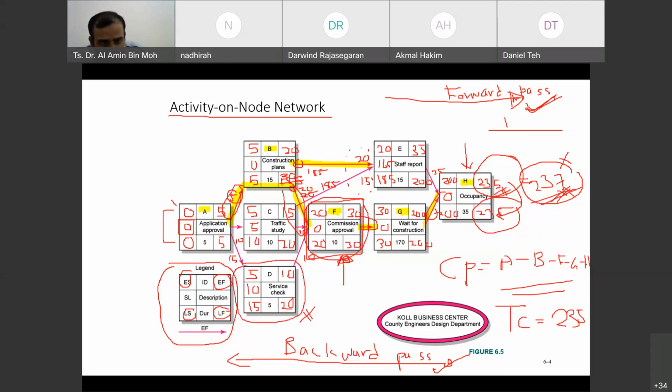D is not a critical activity, with 10 days of slack. So by delaying 5 days or 4 days or 9 days or even 10 days, it's not going to delay the whole process. What if activity D is delayed by 12 days?